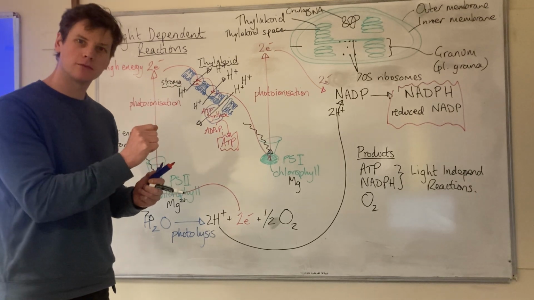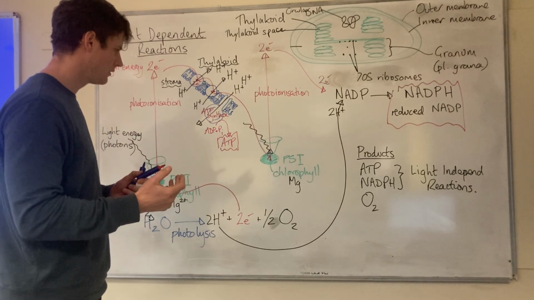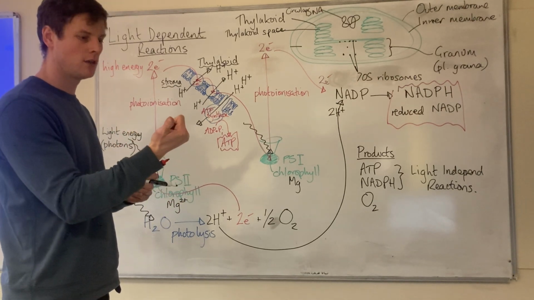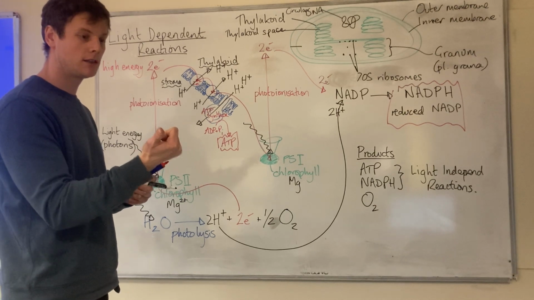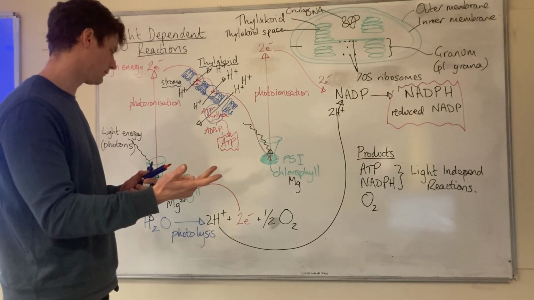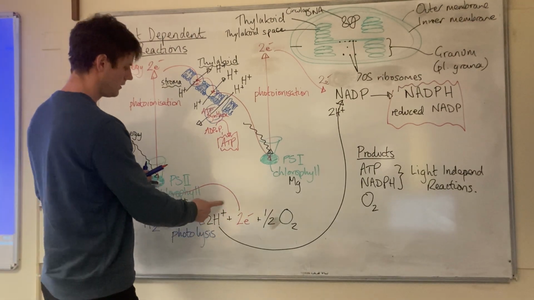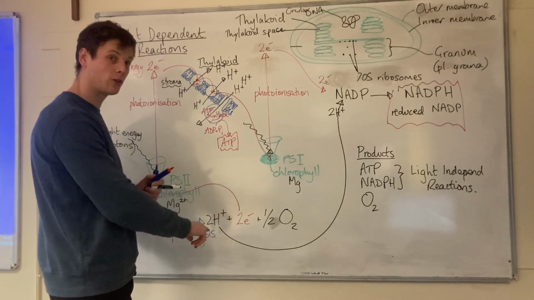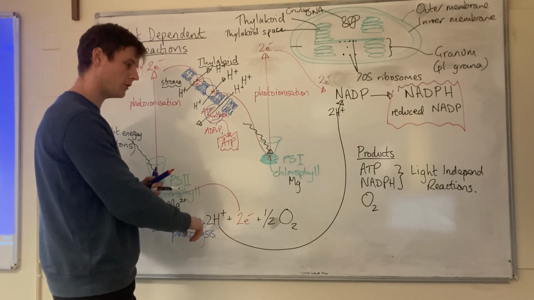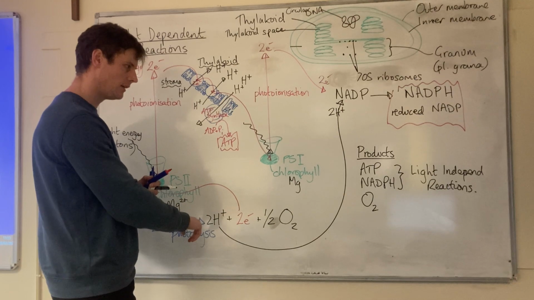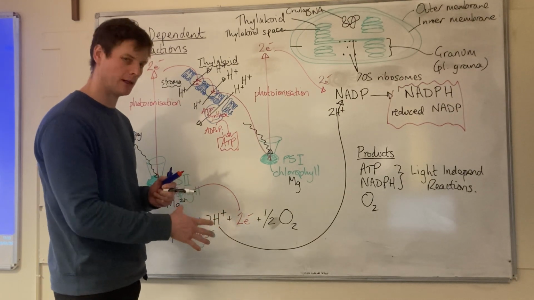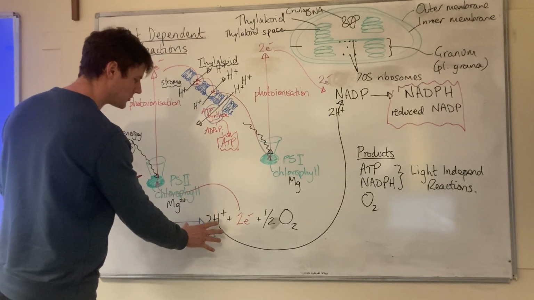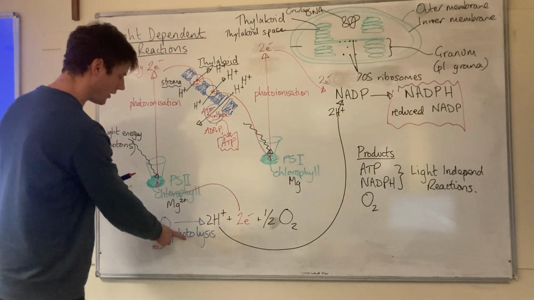We know that all biological molecules contain essentially 3 elements: carbon, hydrogen, and oxygen. The hydrogen, so all hydrogen in all biological molecules, the vast majority anyway, is a product of this photolysis.